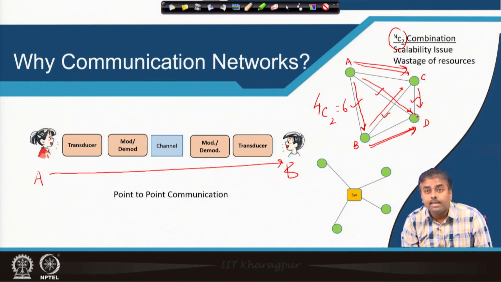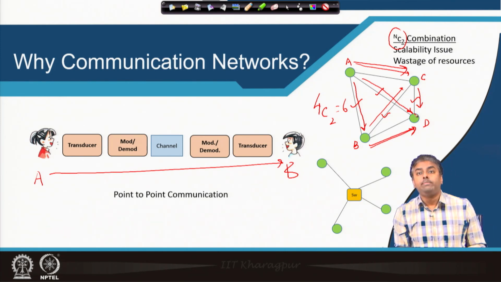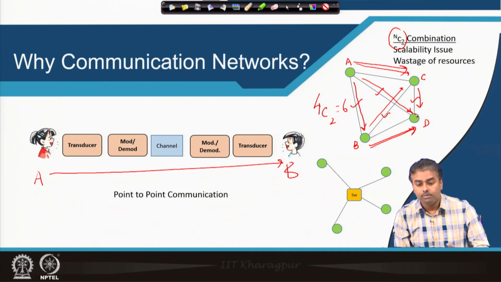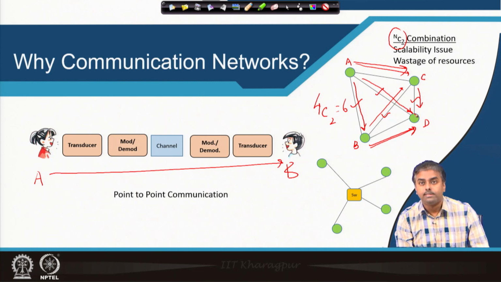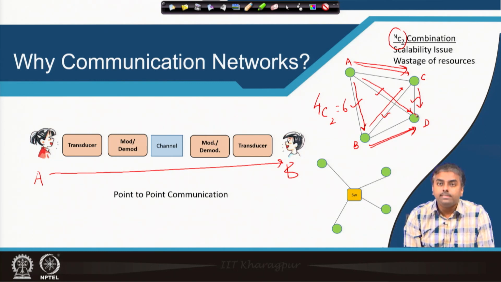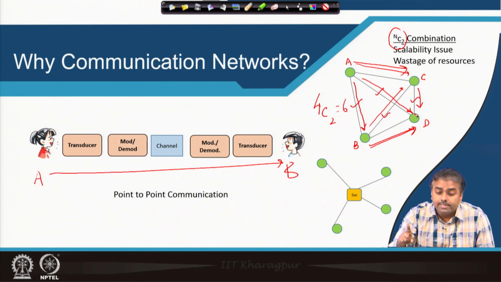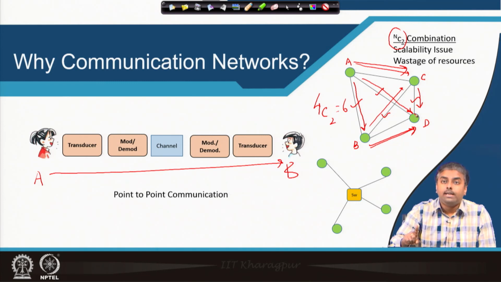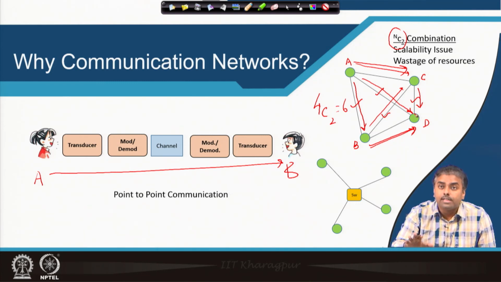So, most of the time the infrastructure that you are building at huge cost is getting wasted, not properly utilized. As an engineer, you have to think about utilizing it properly or reducing the infrastructure, whereas we should not compromise on the kind of service that we want to provide.